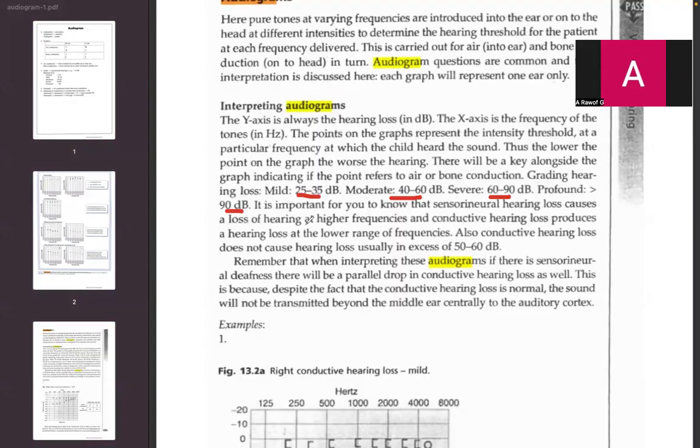It is important for you to remember that sensory neural hearing loss causes loss of hearing at higher frequencies, and conductive hearing loss produces hearing loss at the lower range of frequencies.